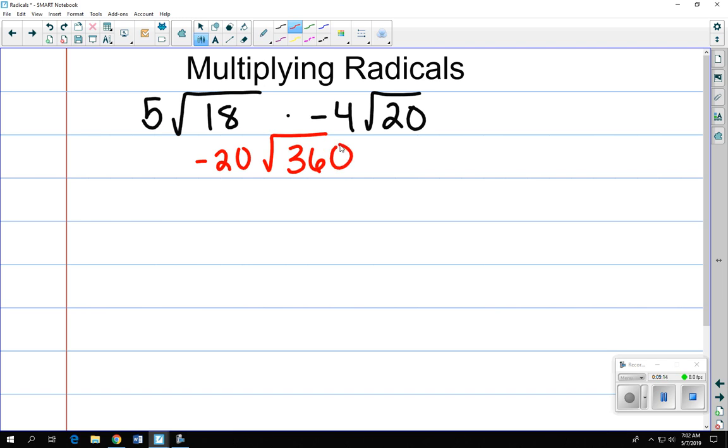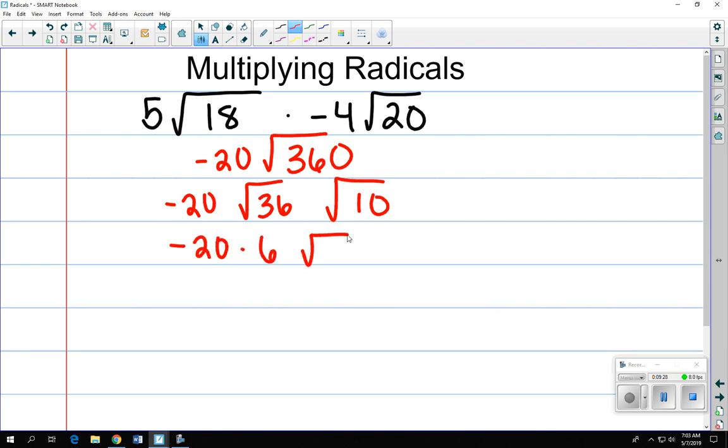I'm going to simplify inside the radical. So the negative 20 will stay, and I'm going to split this up into 36 and 10. Negative 20 times 6 square root of 10 is negative 120 square root of 10. There's our simplest radical form for this problem.